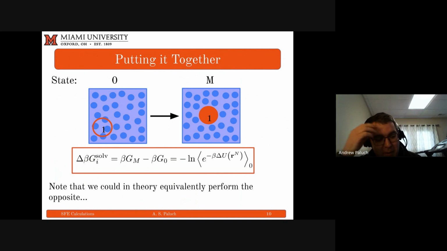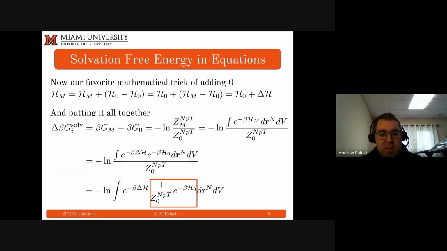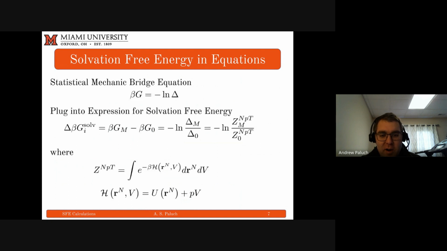Now, a topic that comes up a lot is phase space overlap. What am I trying to get at with phase space overlap? Sorry, I'm skipping around and going backwards, but if I look at the original expression for solvation free energy, it's a log ratio of configurational integrals, the configurational integral of our target state and our reference state.